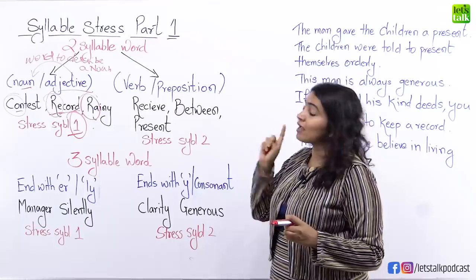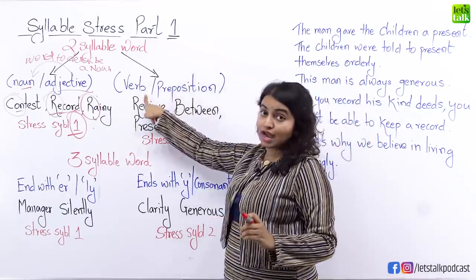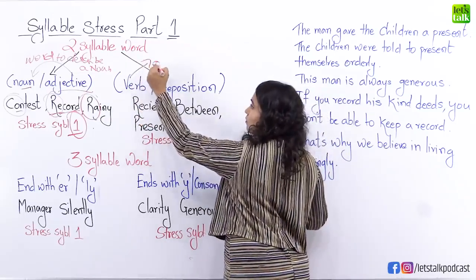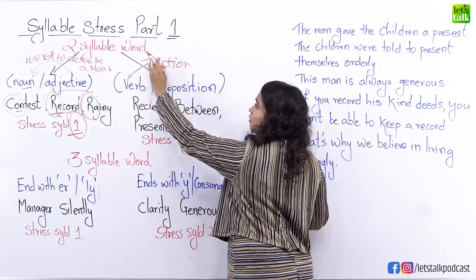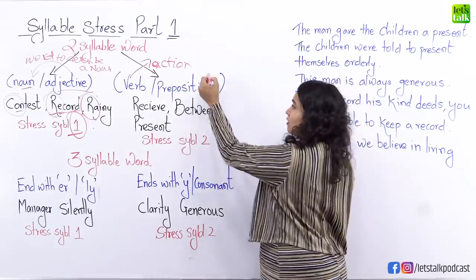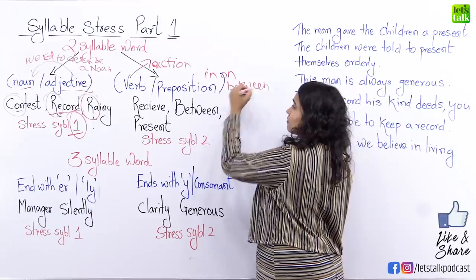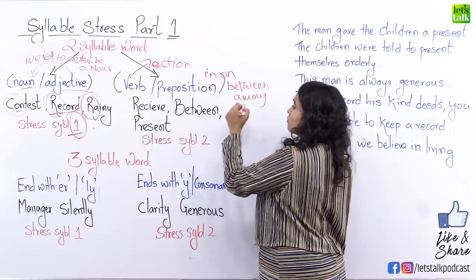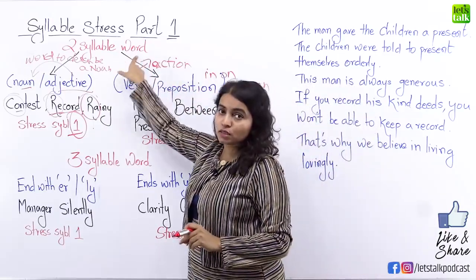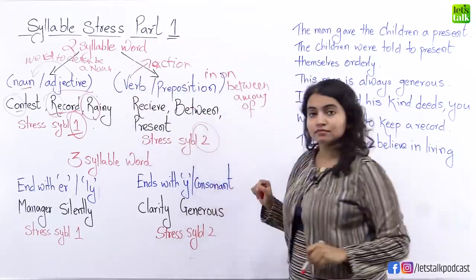If we're talking about a 2-syllable word, and if that 2-syllable word now happens to be a verb, which is an action, or a preposition, words like in, on, between, among, of, etc., then even though it is a 2-syllable word, you are now going to stress syllable number 2.